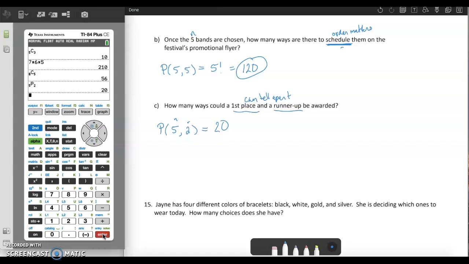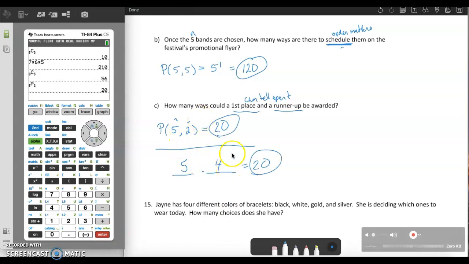Notice I did that one with the formula, but there's another way that I could have thought about this one as also part B. I could have thought, okay, well, I've got 2 blanks I need to fill out. There are 5 ways to choose the winner, and after the winner is chosen, there are 4 bands left to pick the runner-up out of. Leads me to the same answer of 20. Right, so there's different work you can show on these, but either one of these would be a good amount of work to show on a problem like this.